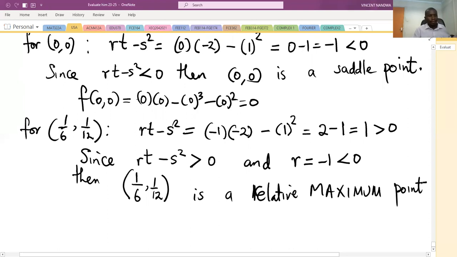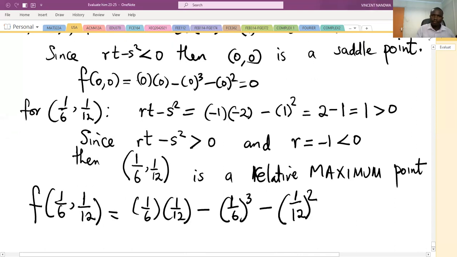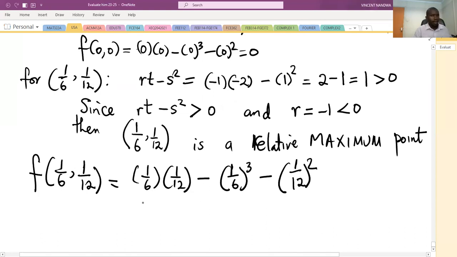So now the value of the function at this point, 1/6, 1/12, will be xy, so 1/6 times 1/12, minus x cubed, 1/6 cubed, and then minus y squared, 1/12 squared. So 6 by 12 is 72.